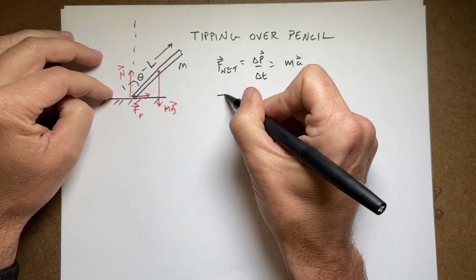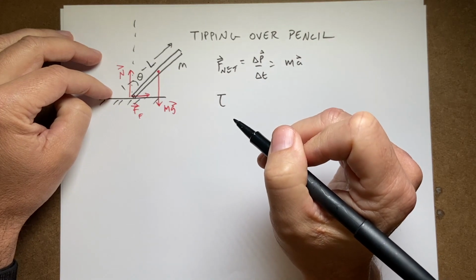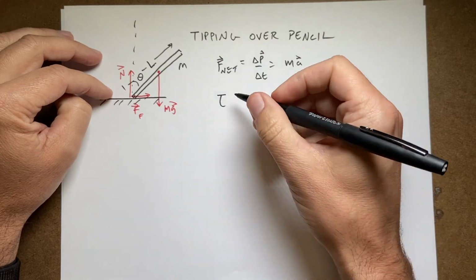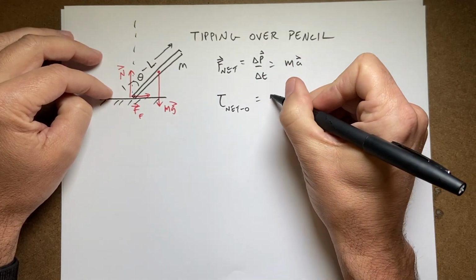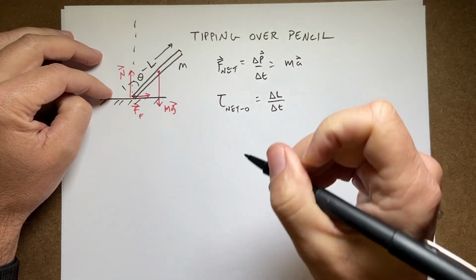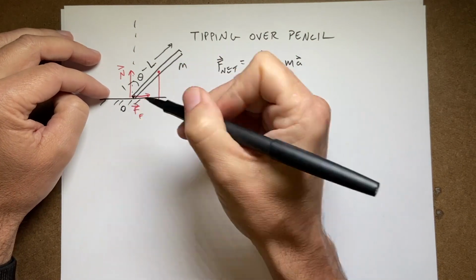Instead, I'd like to use the angular momentum principle in one dimension, really. So I'm going to assume this is the z-axis. I'm going to say the net torque about some point O is the change in angular momentum about that same axis with respect to the change in time. And I'm going to pick this as my point O down there.